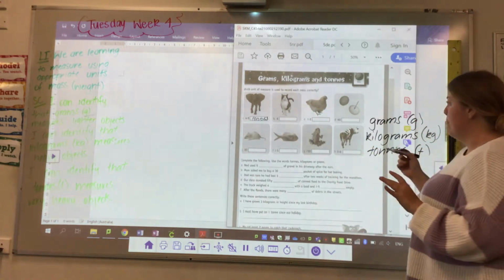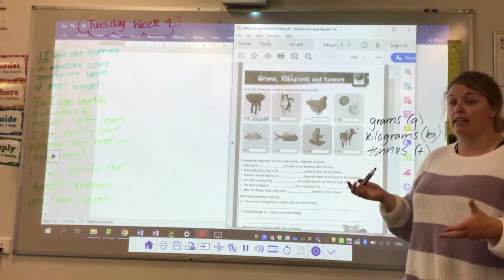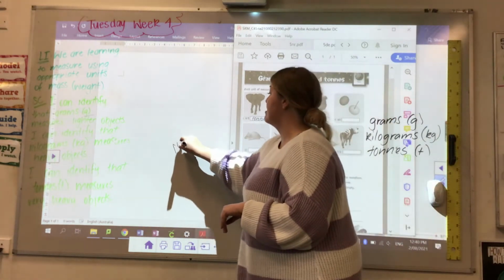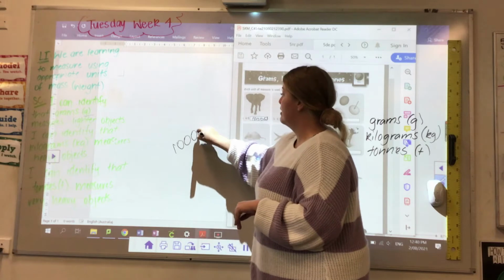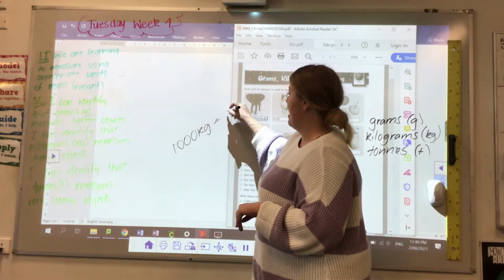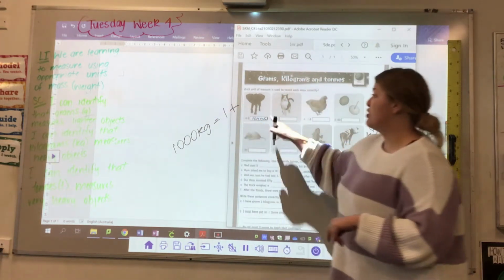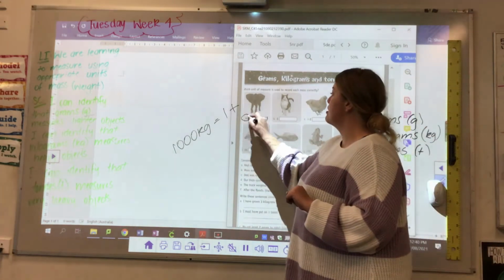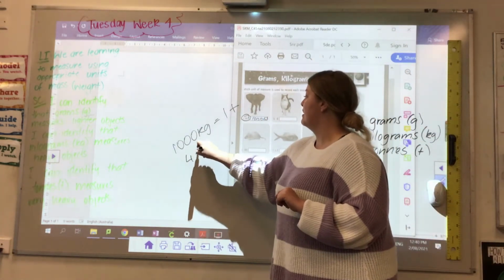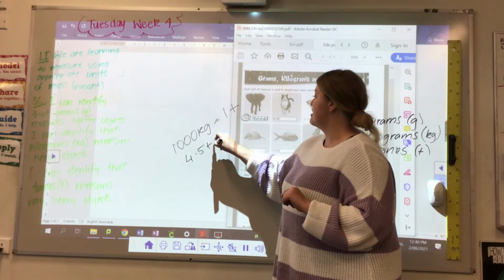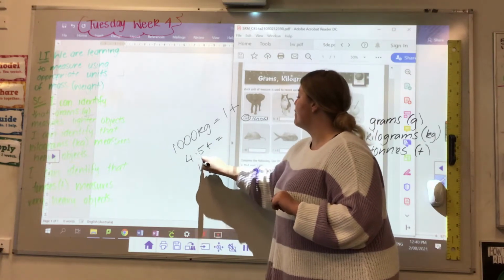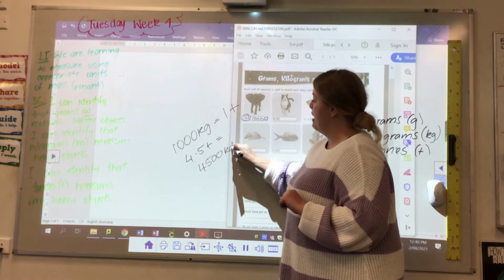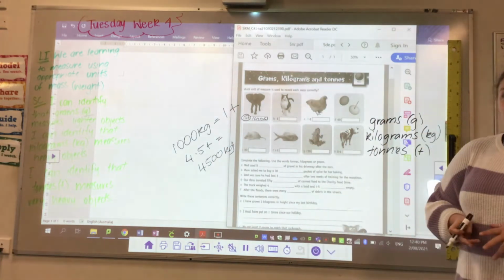Who can remember how many kilograms were in a ton? That's right. So 1,000 kilograms is the same as 1 ton. So that means that if we were to put this in kilograms, 4.5 tons is the same as 4,500 kilograms. So very, very big animal.